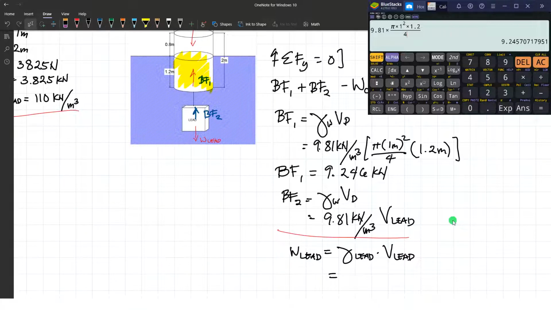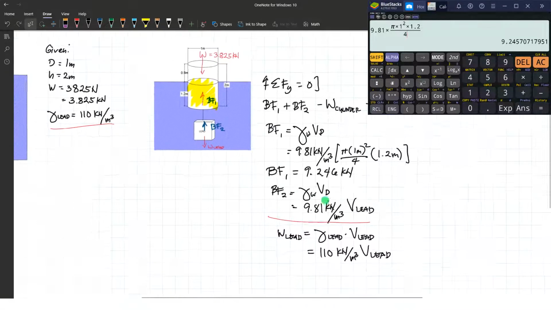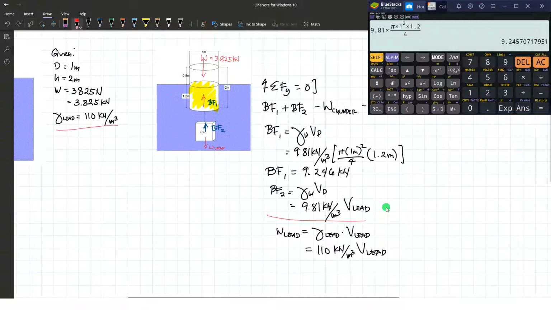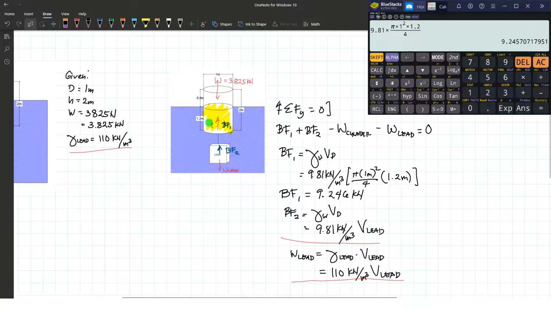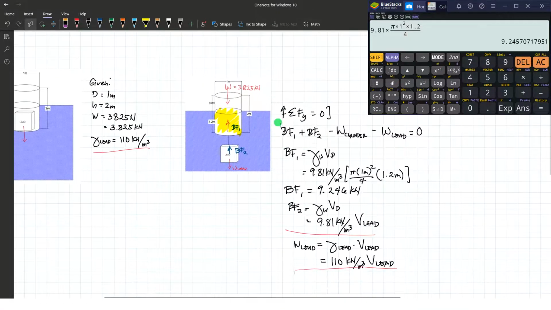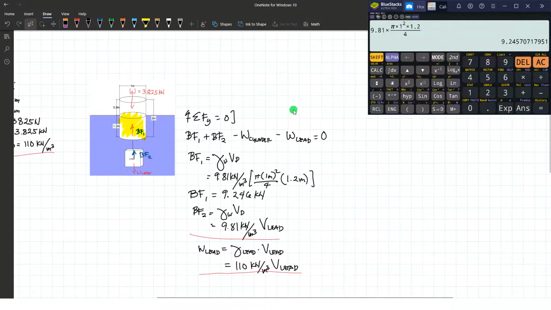So we have 110 kilonewtons per cubic meter multiplied by volume of lead. So here's another value for the weight of lead. Okay, so the weight of the cylindrical container, we have 3.825 kilonewtons. So that's it. We can now solve it by taking the sum again of forces along the vertical.